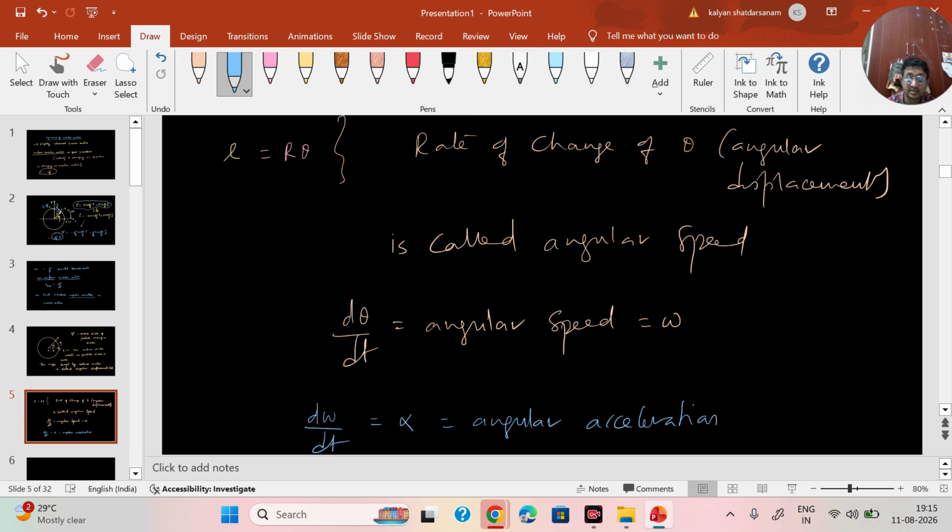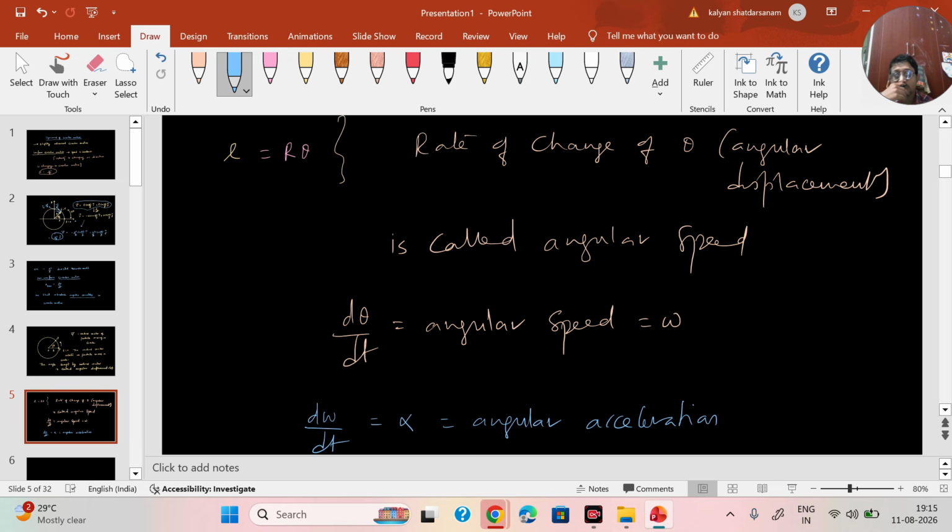Now how fast it sweeps, that is angular speed. Rate of change of angular displacement is angular speed. If the radius vector is sweeping angle very quickly, then angular speed is more. If it is sweeping angle slowly, angular speed is less. So this angular speed may be constant or it itself may change.